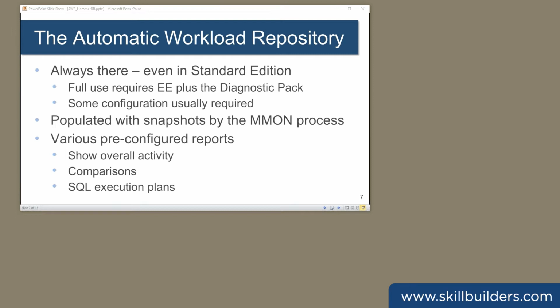Actually, to copy the contents of hundreds and hundreds of $V views puts a dreadful strain on the database. But that isn't a problem with the AWR, because an AWR snapshot is generated by a background process, the Manageability Monitor background process, and that does not have to go through the SQL interface. It's written in C, you can use pointers, you can go directly to the C data structures that make up the instance and read the values.